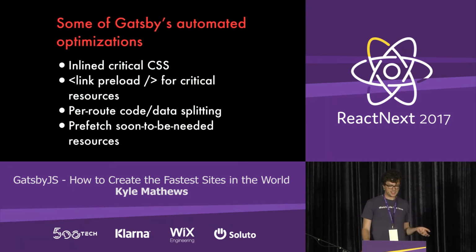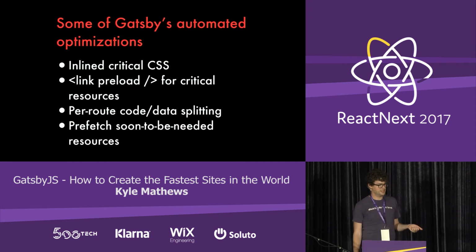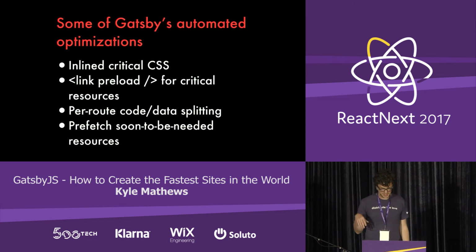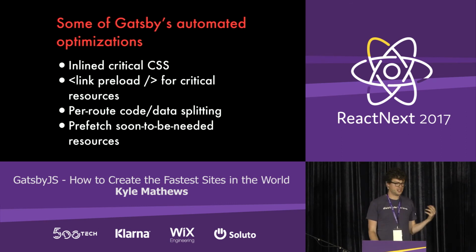Gatsby does a lot of automatic optimizations. It inlines critical CSS. It does link preload for critical resources, which is a newish browser technology where you can indicate that a resource is needed further down the page. Browsers don't always know if something's needed or not, so you can be smart and tell the browser, hey, I really am going to need this.